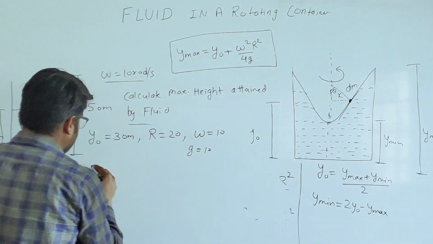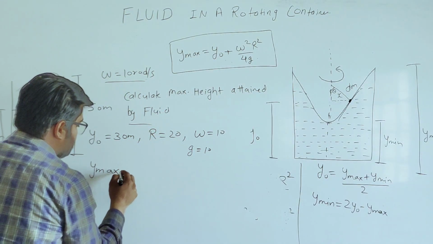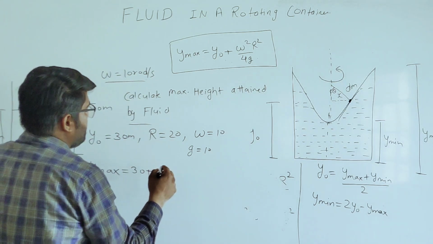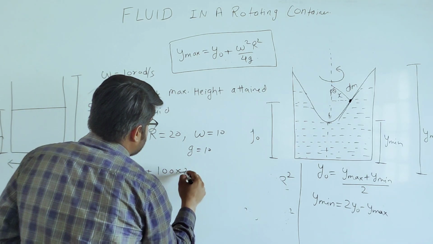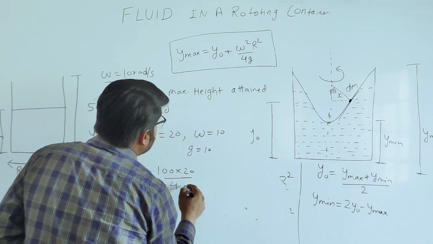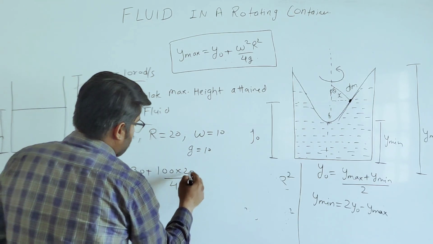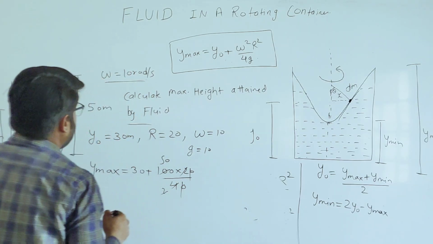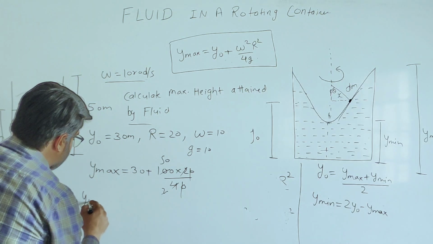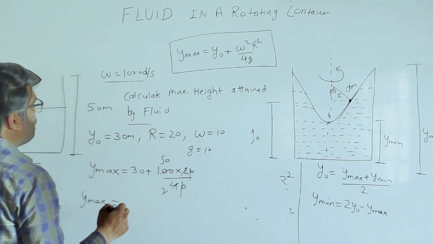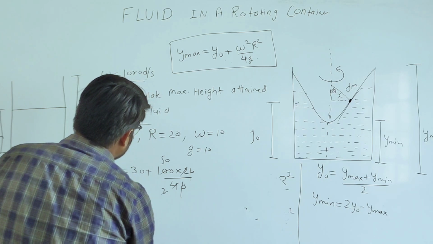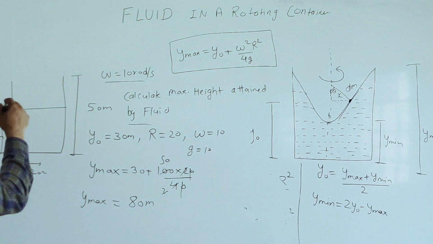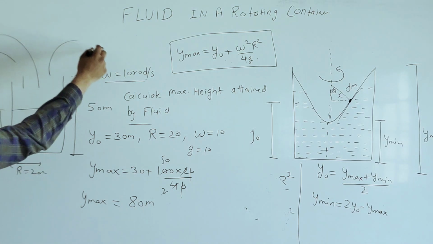We have to calculate y max, so y max is equal to 30, plus omega square which is 100, radius square is 400, divided by 4 times 10, which is 40. This gives us y max equal to 80 meter. So 80 meter means the water is going to spill out of the container.